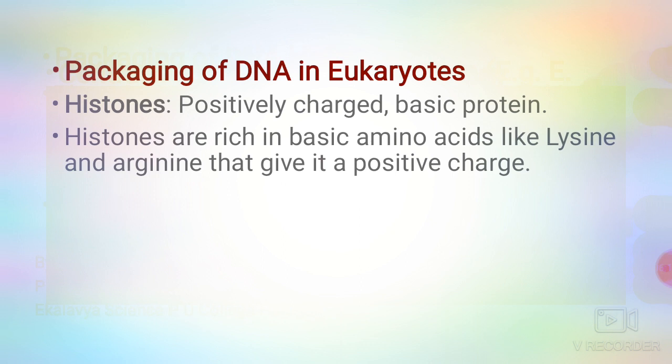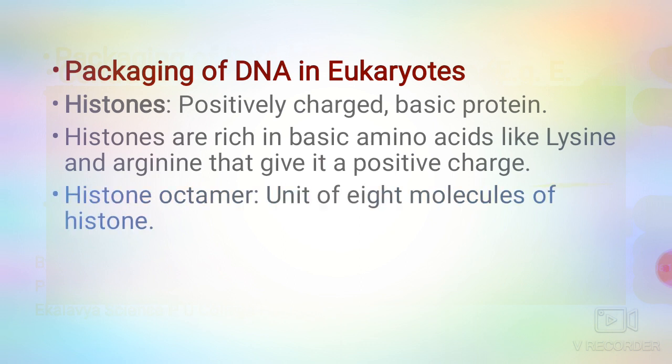Consider the packaging of DNA. In prokaryotes, the genetic material is scattered in the cytoplasm, because the DNA is not organized throughout the cell. But in the packaging of DNA in eukaryotes, histones, which are positively charged basic proteins rich in basic amino acids like lysine and arginine, give a positive charge.